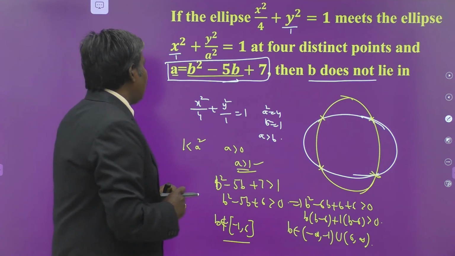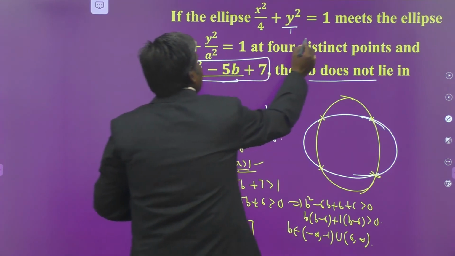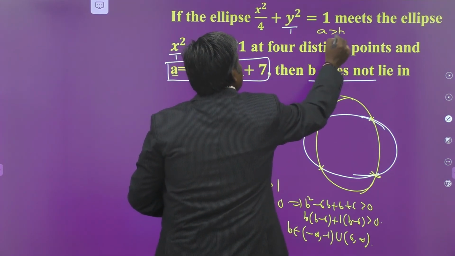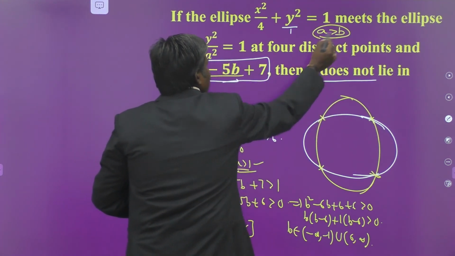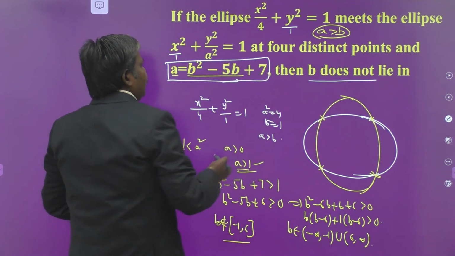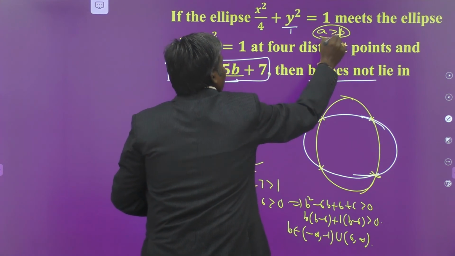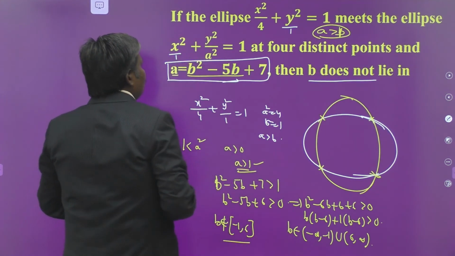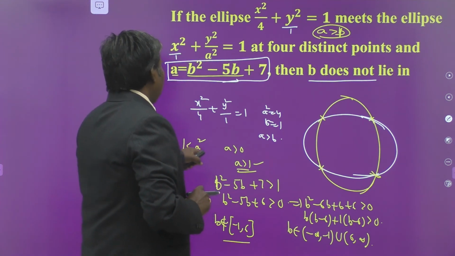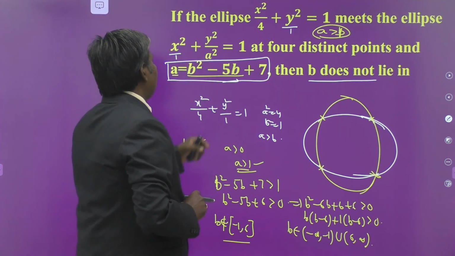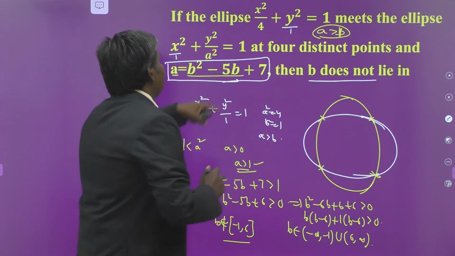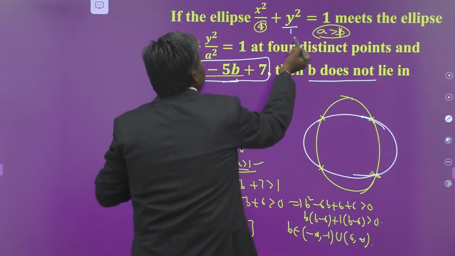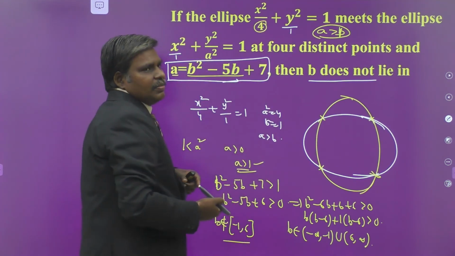The one and only logic is that you have to observe that this is the a greater than b case. This b and that b are totally different. So here b is 1. A greater than 1 is the case you are going to take. So here a means 2, b is 1, that is a greater than b case.